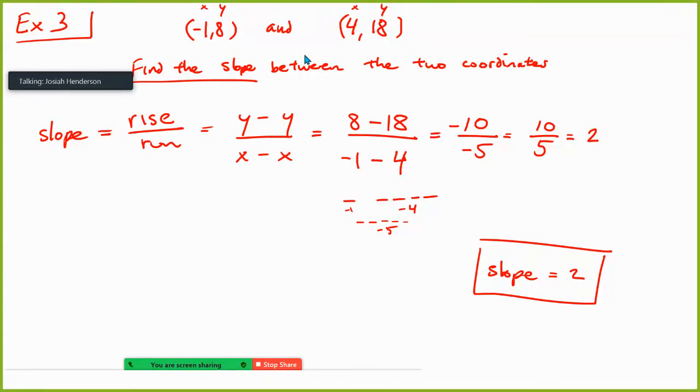It canceled through the division. Doesn't always happen, but it can. Also, by the way, this is positive 2. So that means we know that our line is going upwards from left to right. Just a little side note.